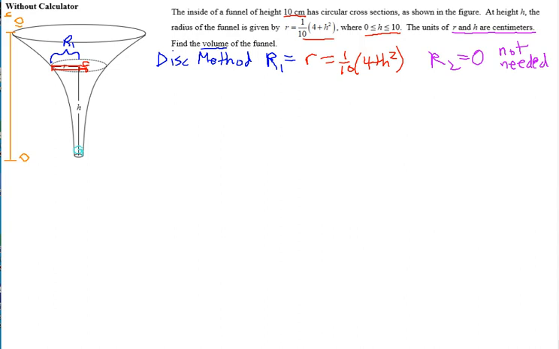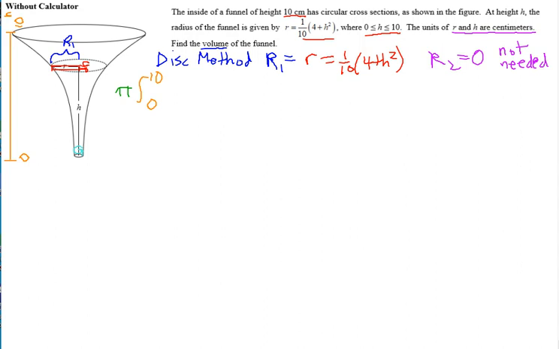So remember the disk method, it's pi on the outside. And then the integral, where the region here is like half of this funnel. Notice it starts at h equals 0. This is all in terms of h, so 0 is our lower limit. We integrate all these circular disks all the way from 0 up until h is 10. Remember the disk method is pi times r1 squared minus r2 squared, but we don't have an r2 in this case, so it's just r1 squared.